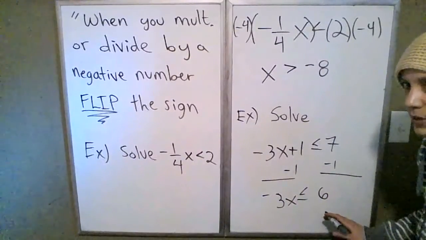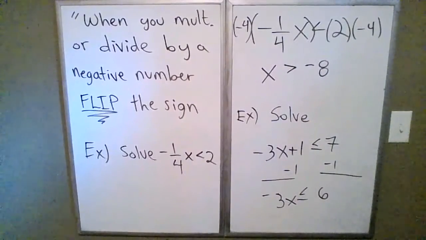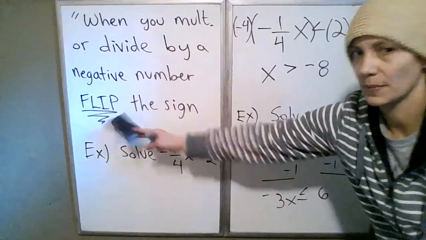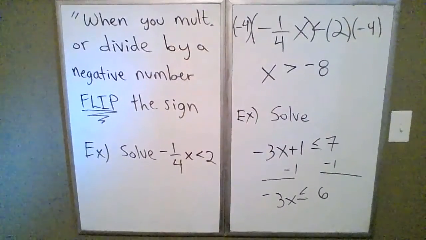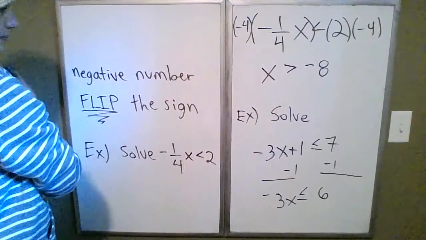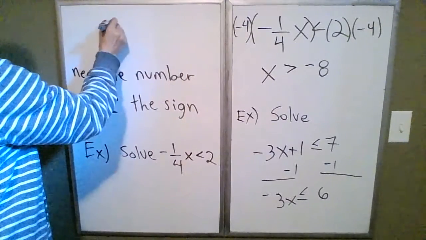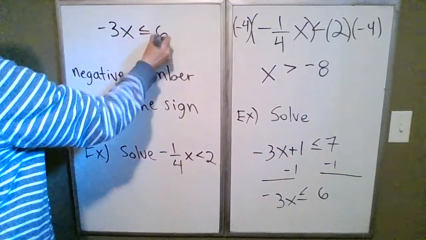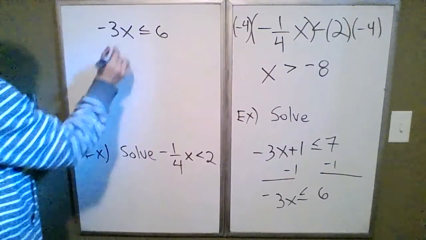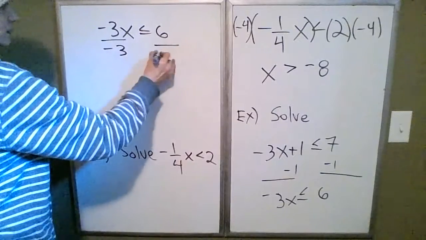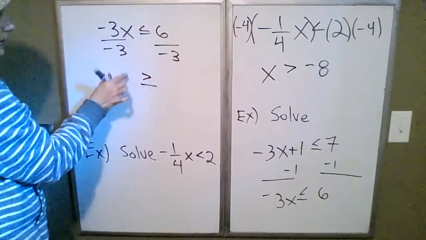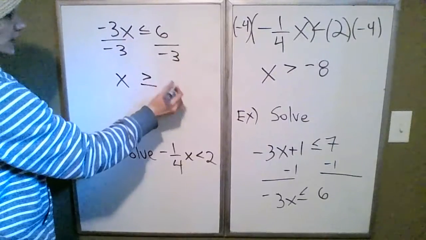Divide both sides by -3. Since we're dividing by a negative number, we need to flip the sign. So turning this around, this is a positive x, and this would be -2.